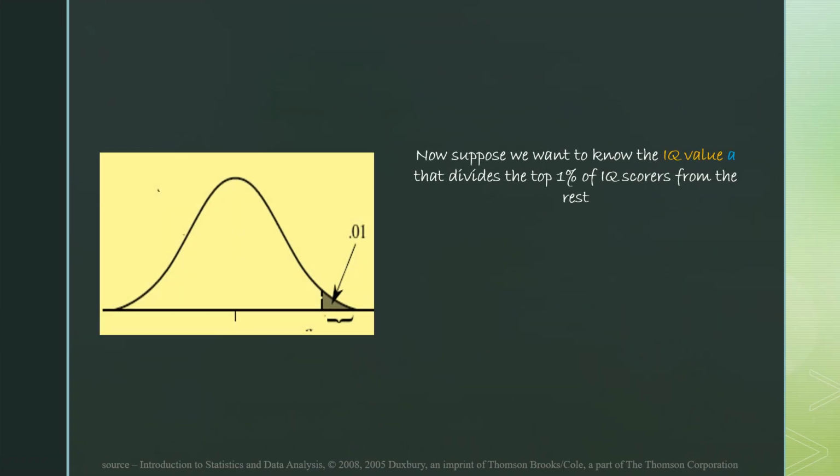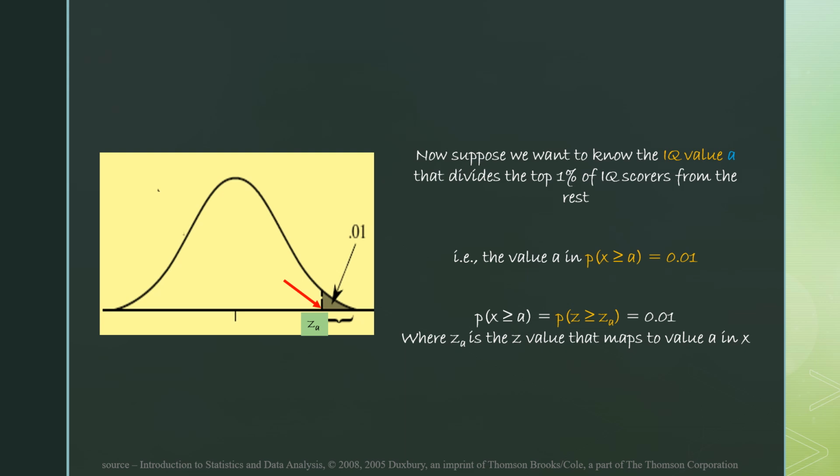Now suppose we want to know the IQ value A that divides the top 1% of IQ scorers from the rest. That is, the value A in the probability of x greater than or equal to A, which equals 0.01. The probability of x greater than or equal to A equals the probability of z greater than or equal to ZA, which equals 0.01, where ZA is the z value that maps to the value A in x.